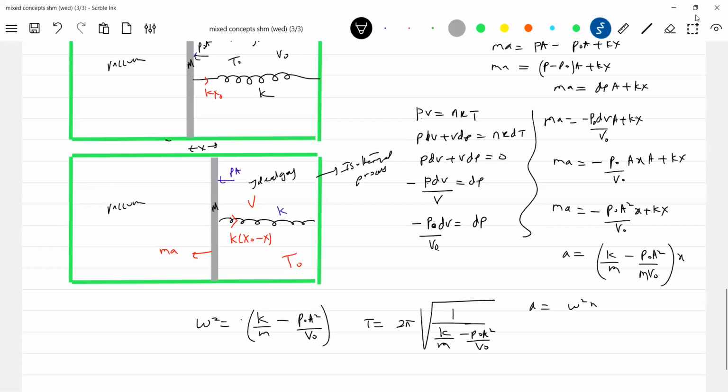Or I think we can make it common, no? Okay, I think this will be a better form. Okay, fine. So this will be the time period of oscillation.